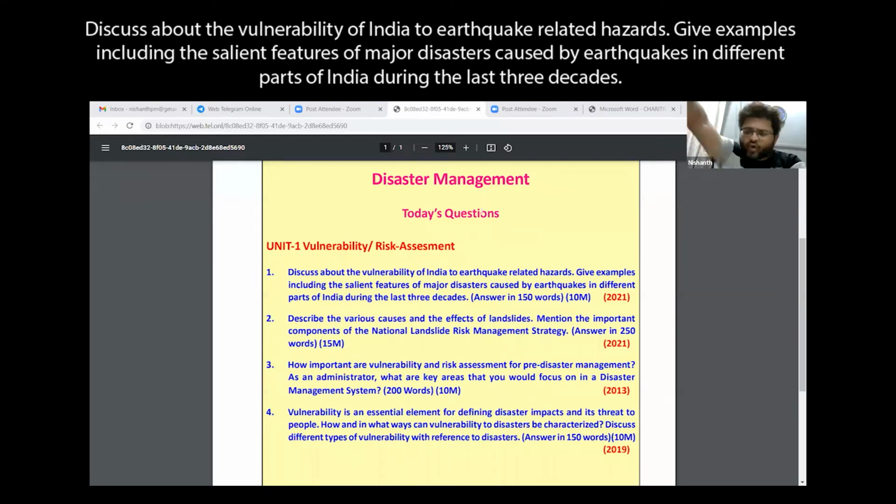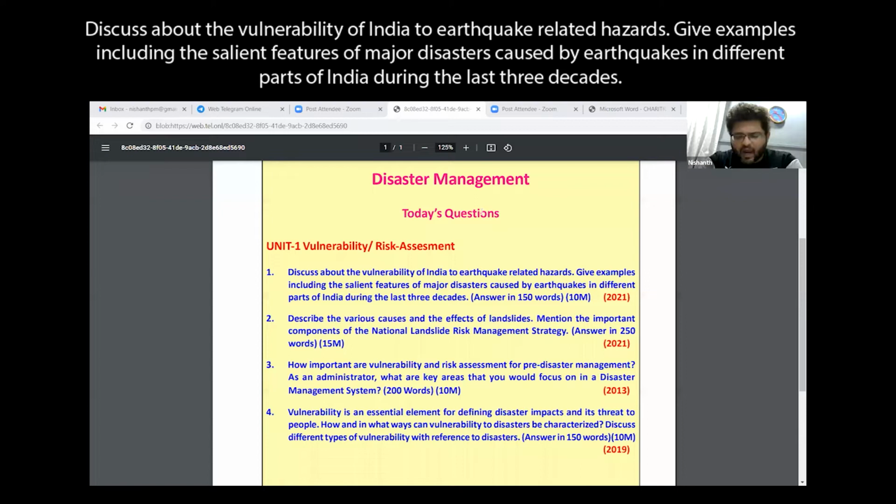Zone 5 is on the extreme northeast, while zone 4 is on the Kashmir side, that is the Leh Ladakh side. Zone 2 is the plain zone, that is the Ganga plains, where the risk is quite low. And then zone 3 is the Deccan Plateau.